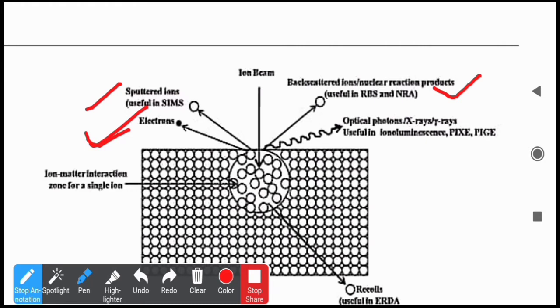If X-rays or gamma rays are emitted, there are a few techniques which study the emitted radiation. Those techniques are luminescence, particle induced X-ray emission, PIXE, and PIGE. PIGE is particle induced gamma radiation emission. In your syllabus we have the PIXE technique.